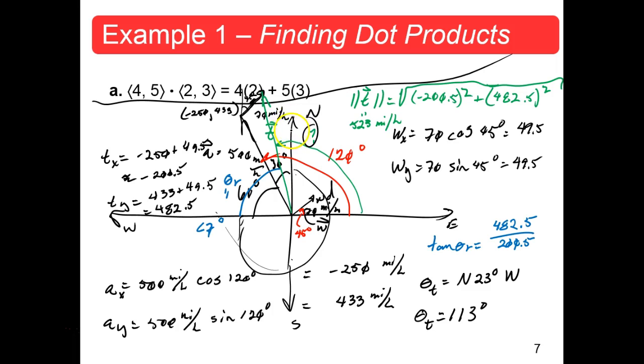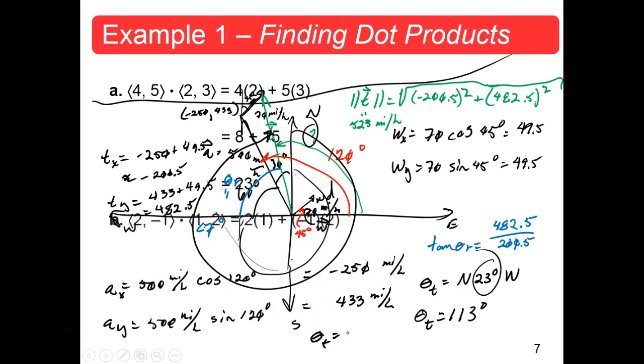If you go back to the very beginning, we used the angle that was all the way around like this. And I think that's also the one they give you in the book. So if you take our 23 degrees and subtract it from 360, that would give you a theta total. Depends on what you're measuring from. 180 minus 23 would be 157. No, 357.